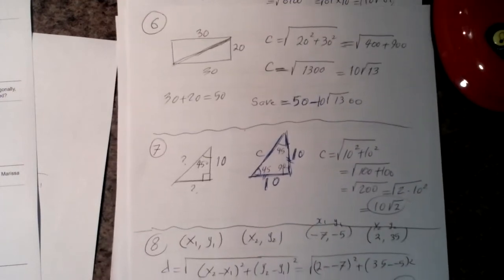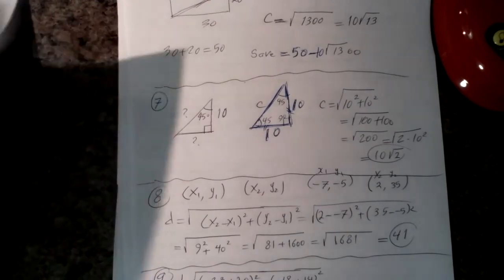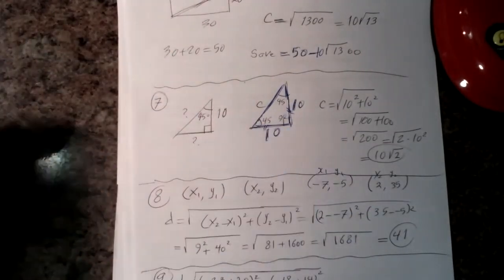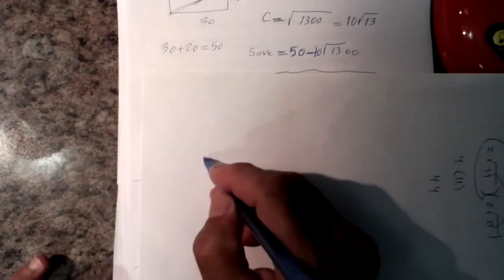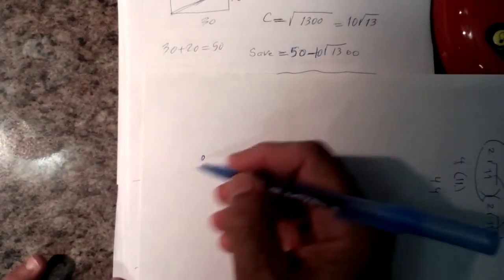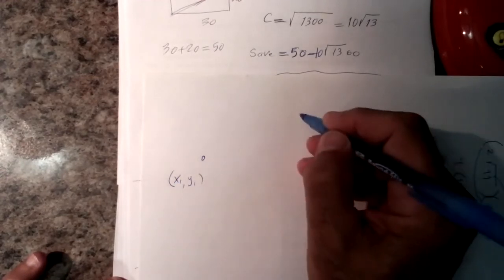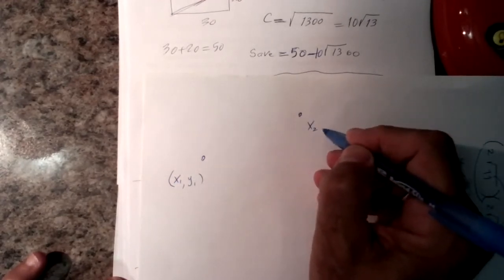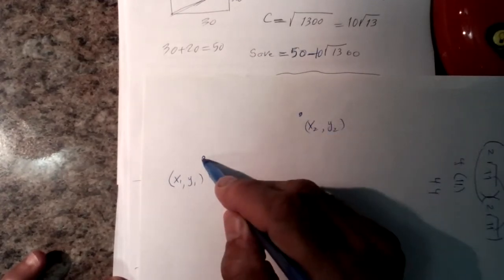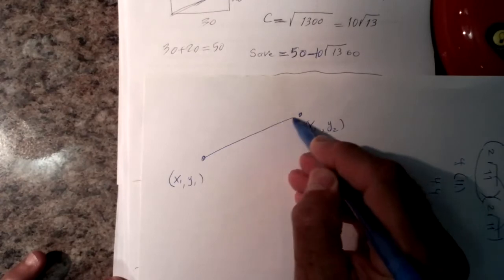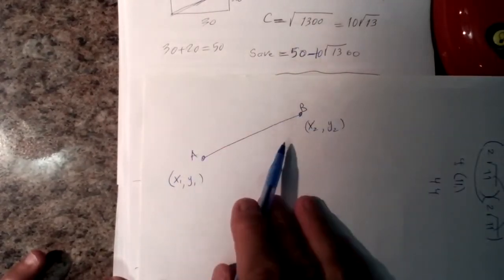The next subject is in algebra. If you have 2 points, and the coordinates of this point are x1, y1, and the second one is x2, y2, and if you connect these 2 points, let's say it is AB, how do I find the distance?